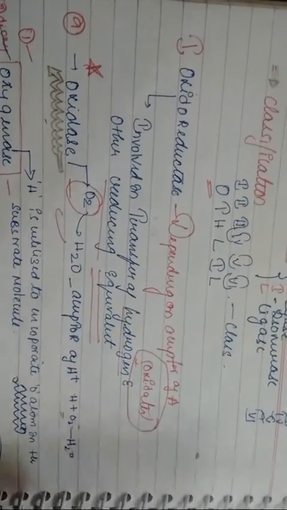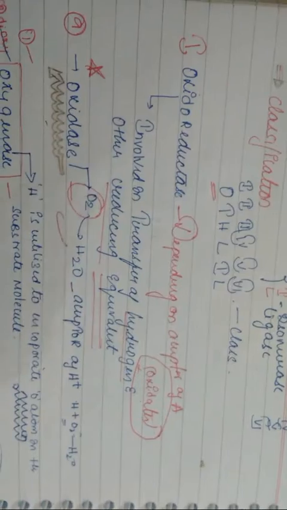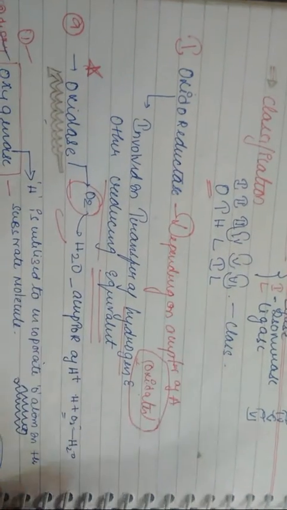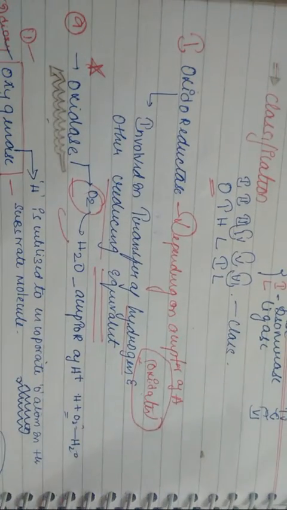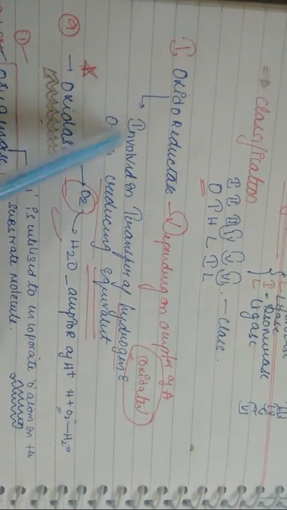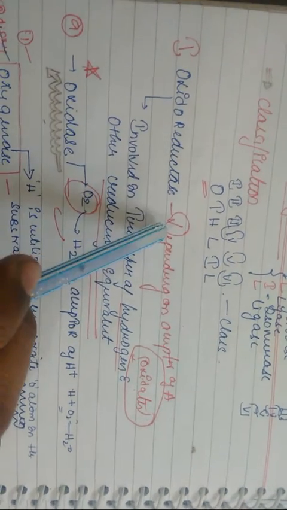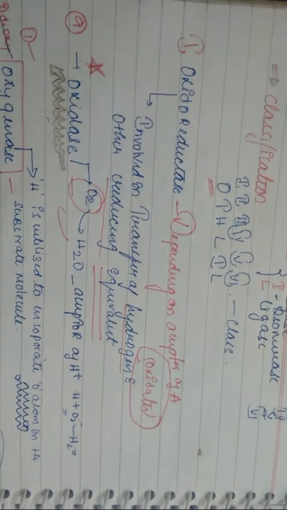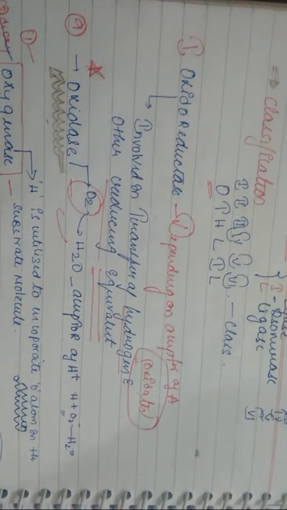As you know, oxidation is loss of electrons and reduction is gain of electrons. So this class of enzymes helps in the equation where both oxidation, that means loss of electrons, and gain of electrons take place.